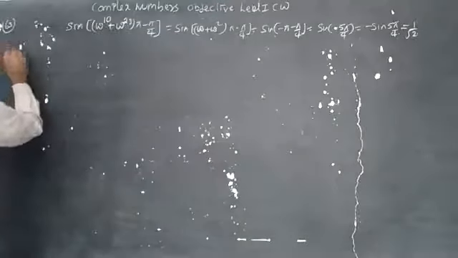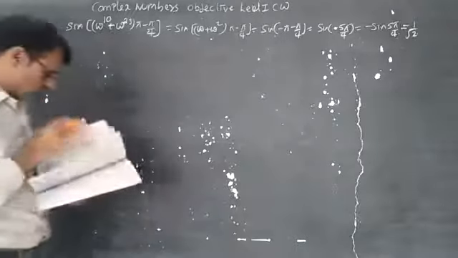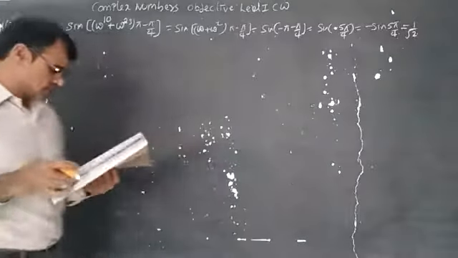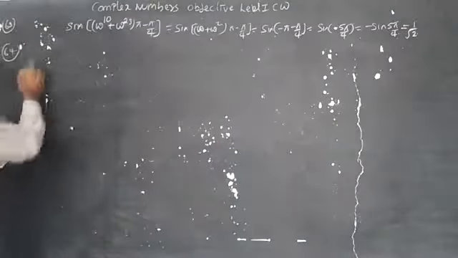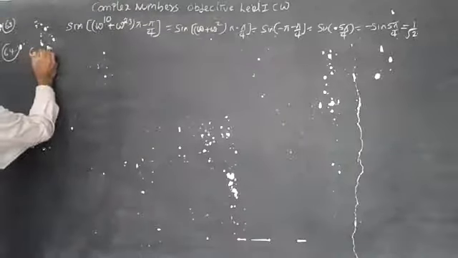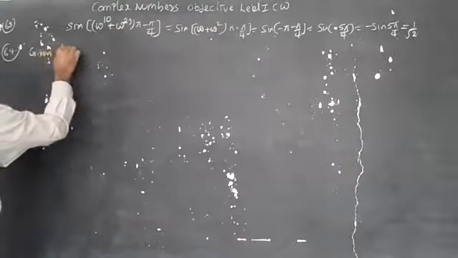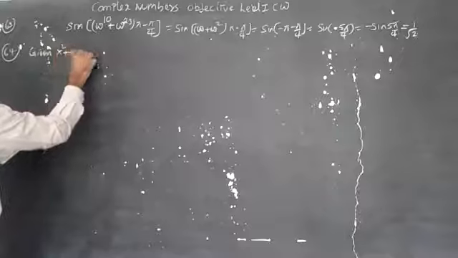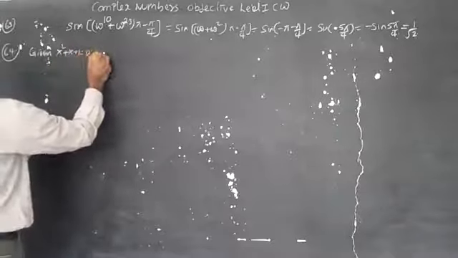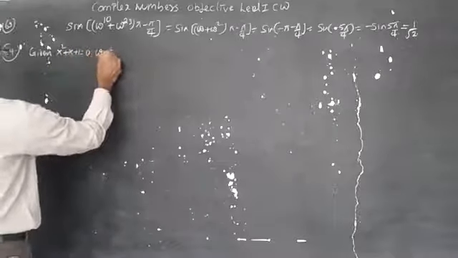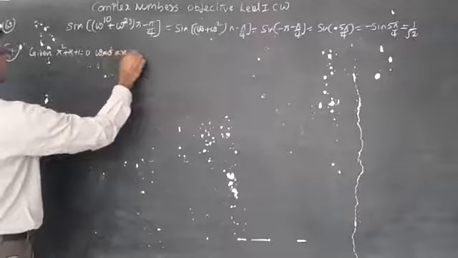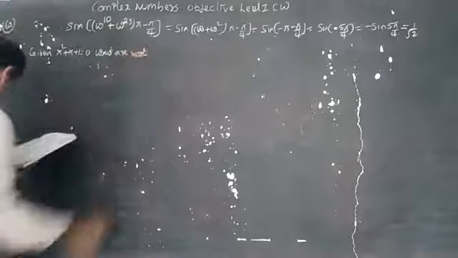64th question. Maybe we have discussed this question in the quadratic expression chapter. Given x square plus x plus 1 equal to 0, directly you can understand that omega and omega square are roots. It is obviously true.